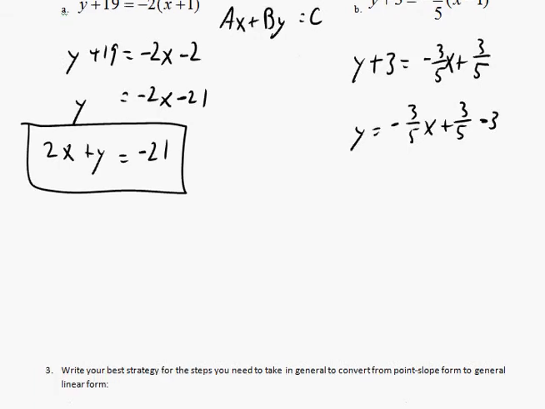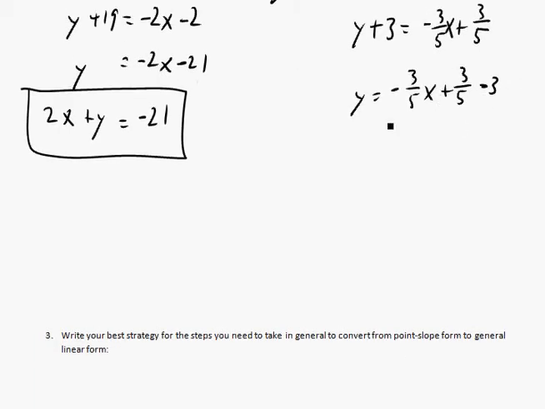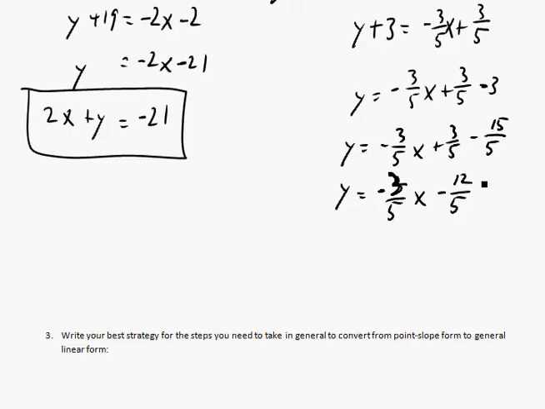And I'm going to use my fraction skills just to combine these two constants. So 3 would be equivalent to 15/5. Now that we have a common denominator, we can combine these two terms. So 3/5 minus 15/5 would be minus 12/5.